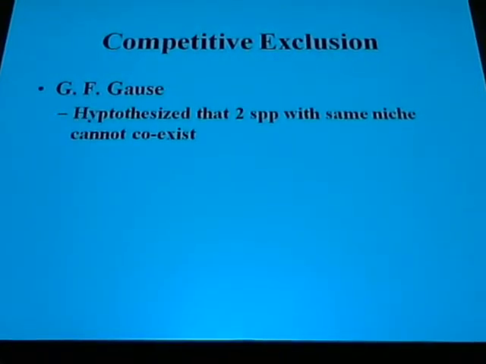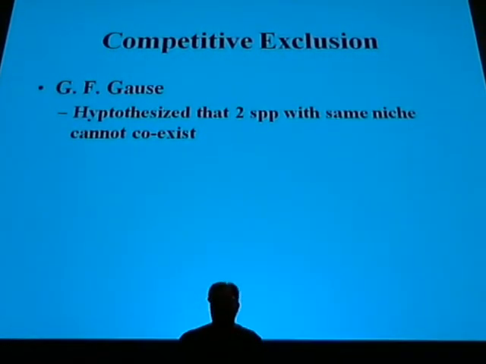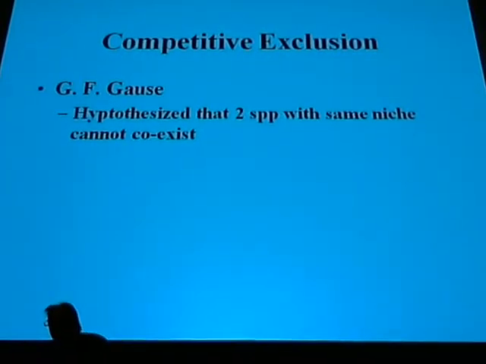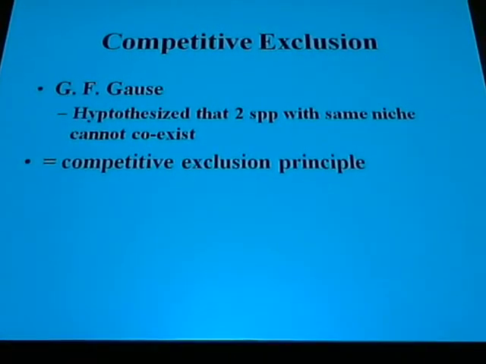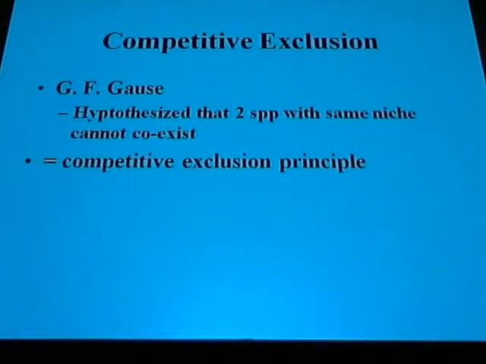He hypothesized that it would be impossible for two species to have exactly the same niche and coexist. Why? Because over time, one would outcompete the other for the niche and drive it to extinction. That's what he referred to as the competitive exclusion principle. So the superior competitor will exclude the inferior competitor from that portion of the niche that overlaps. And if the whole niche overlaps, that's bad news for the inferior competitor, isn't it?